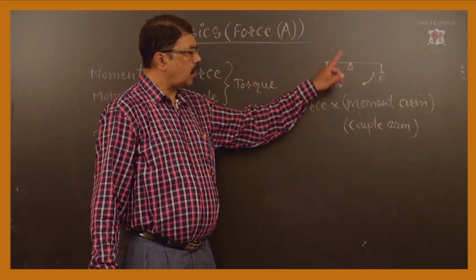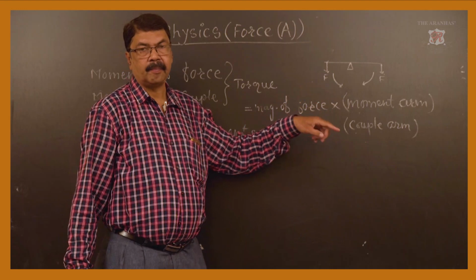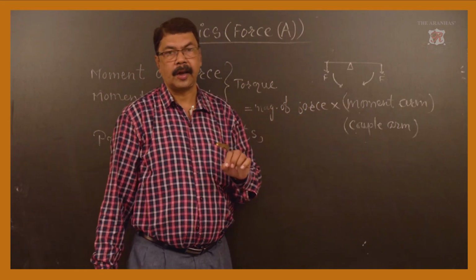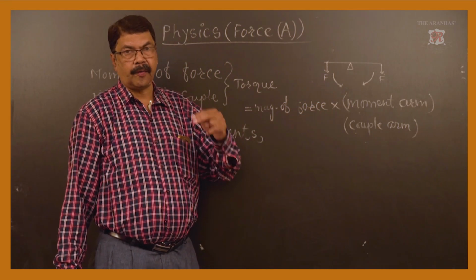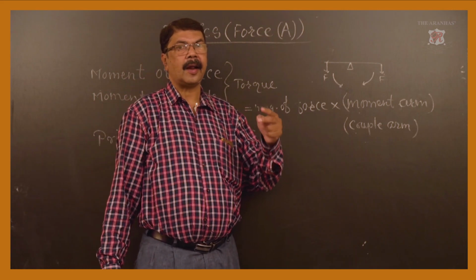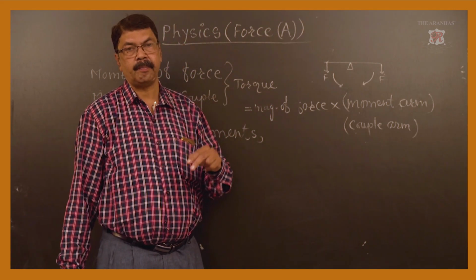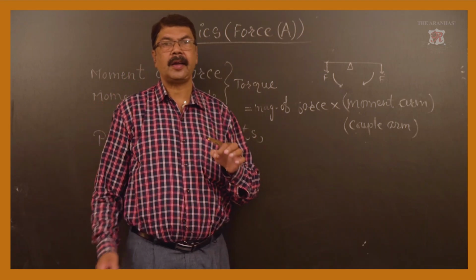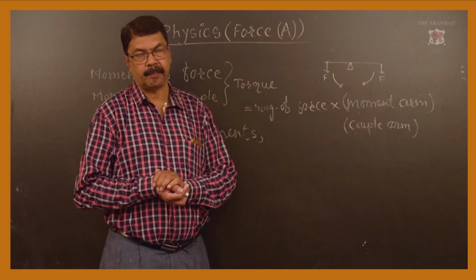If sum of all the moments of force is equal, then we call it as rotational equilibrium. If a body has linear as well as rotational equilibrium, we say that the object is in complete equilibrium.